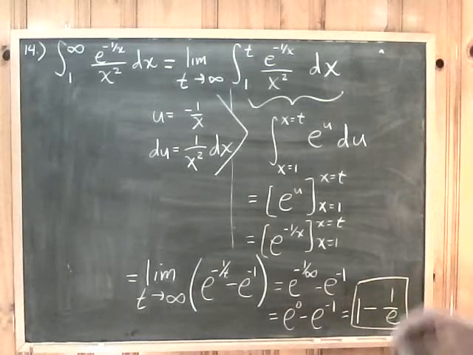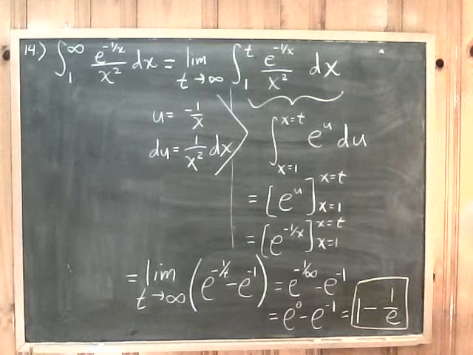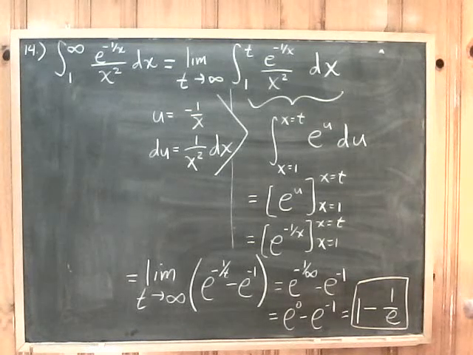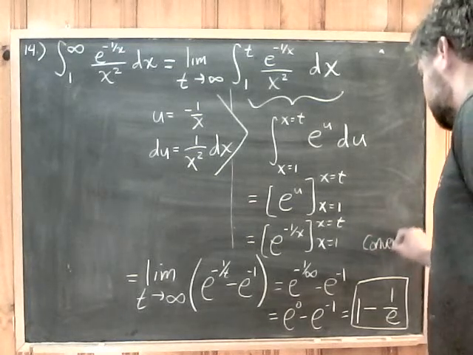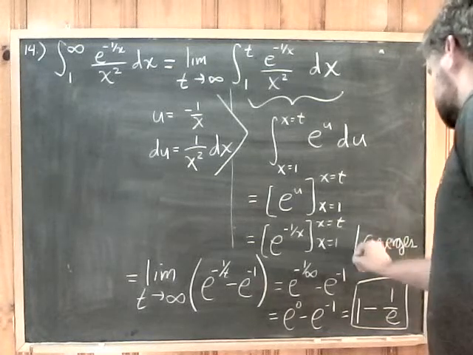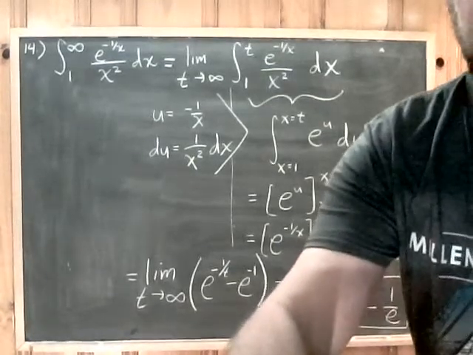So this one turned out to be a finite answer, and they do say that the opposite of divergent is convergent. They say that this integral converges to that finite answer, 1 minus 1 over e.